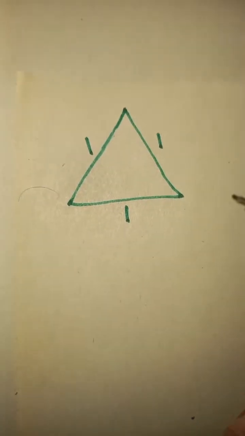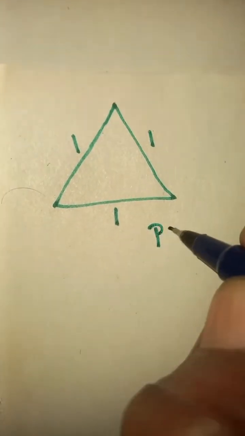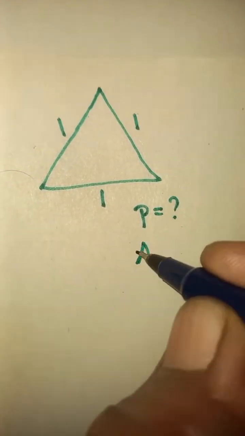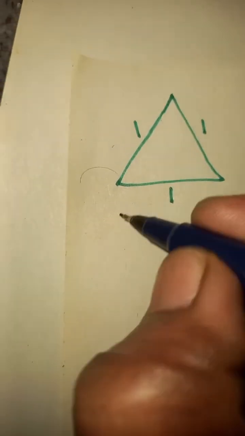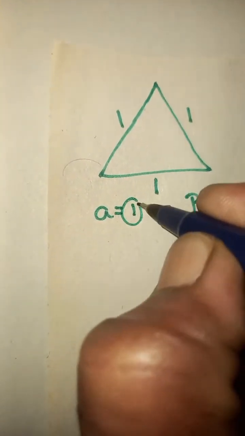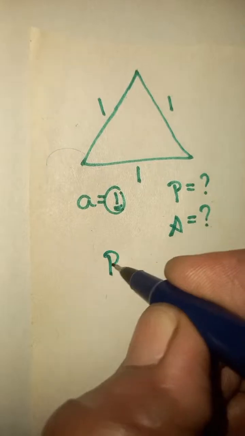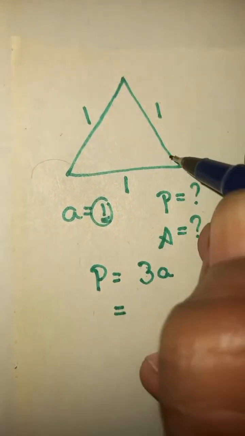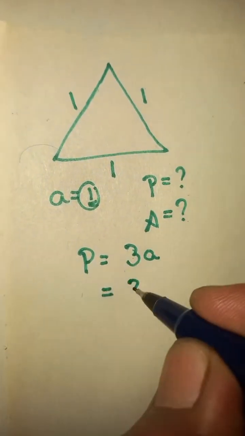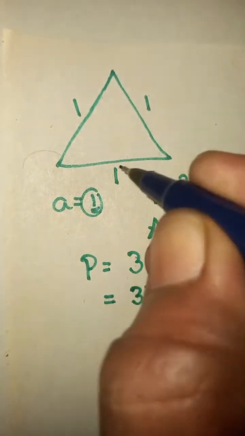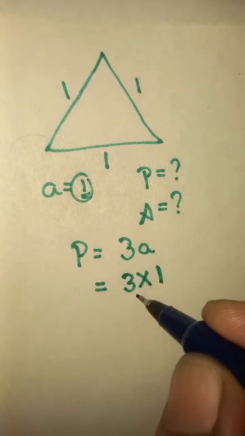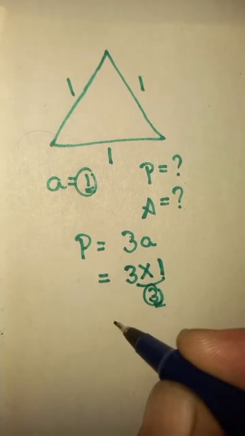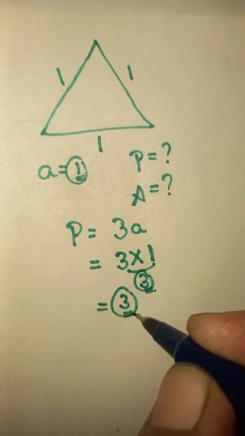When all sides are 1 unit, first let's find out the perimeter, then the area. Here the side length is 1 unit. Perimeter of an equilateral triangle is 3 times side length. Because there are 3 sides, you take 3 times the side length, which is 1 unit. 3 times 1 is 3, so 3 units is the perimeter.